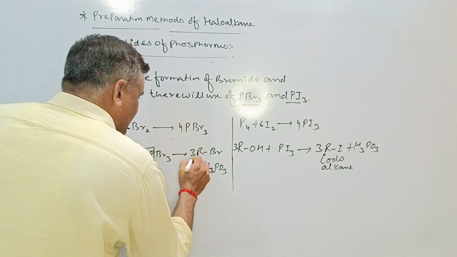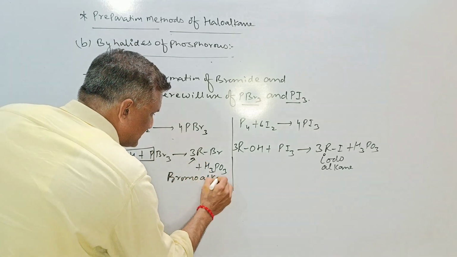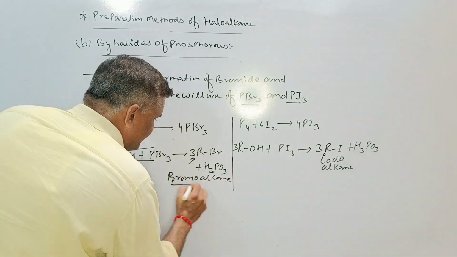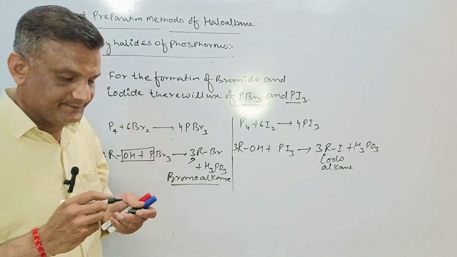This is the bromoalkane. So this was about the use of halides of phosphorus.